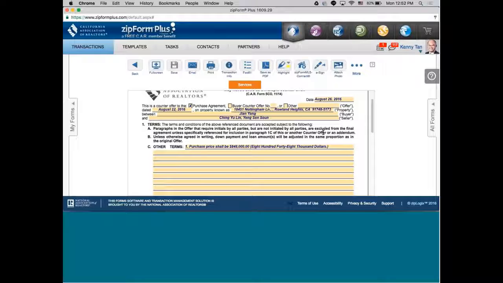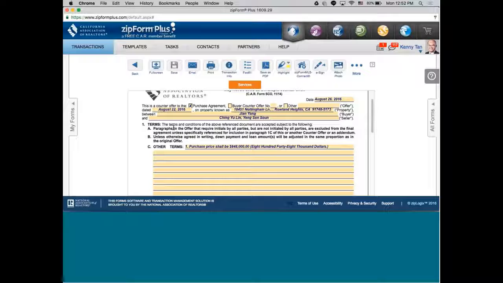If they find that some initials are missing, and if it's favorable to his client, he will use this 1A and say, well, this is not initialed by all parties, therefore this provision has been excluded from the final agreement.